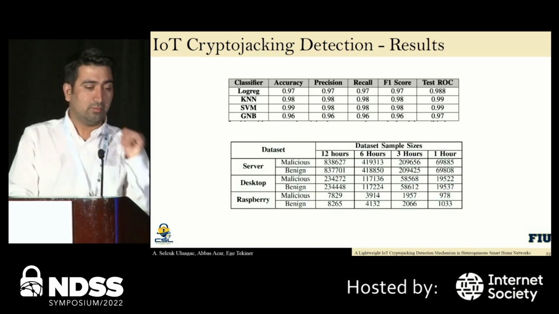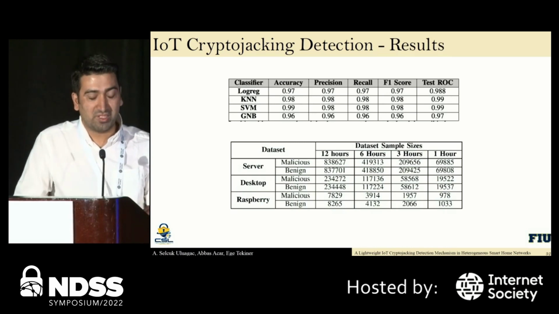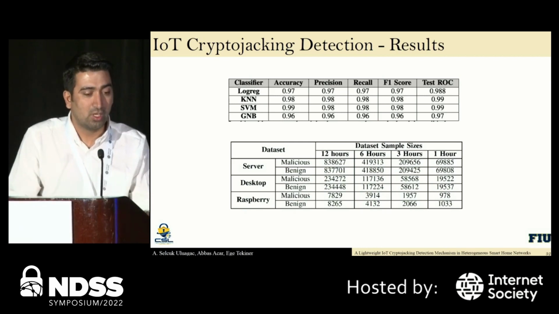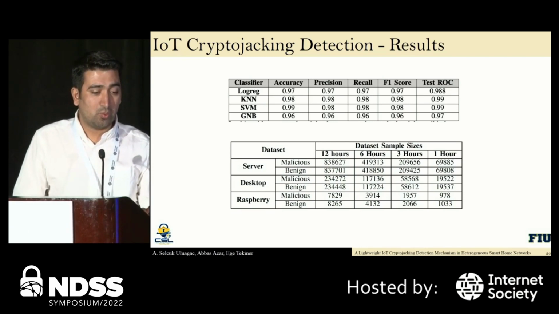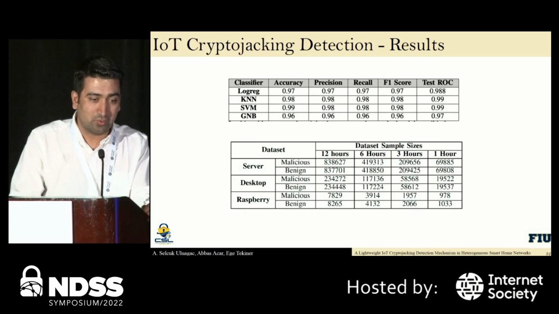We actually presented detailed results in the NDSS presentation, so I didn't want to go over all of the details, but these are our results basically. And what we saw is that SVM is the best performing classifier in general.